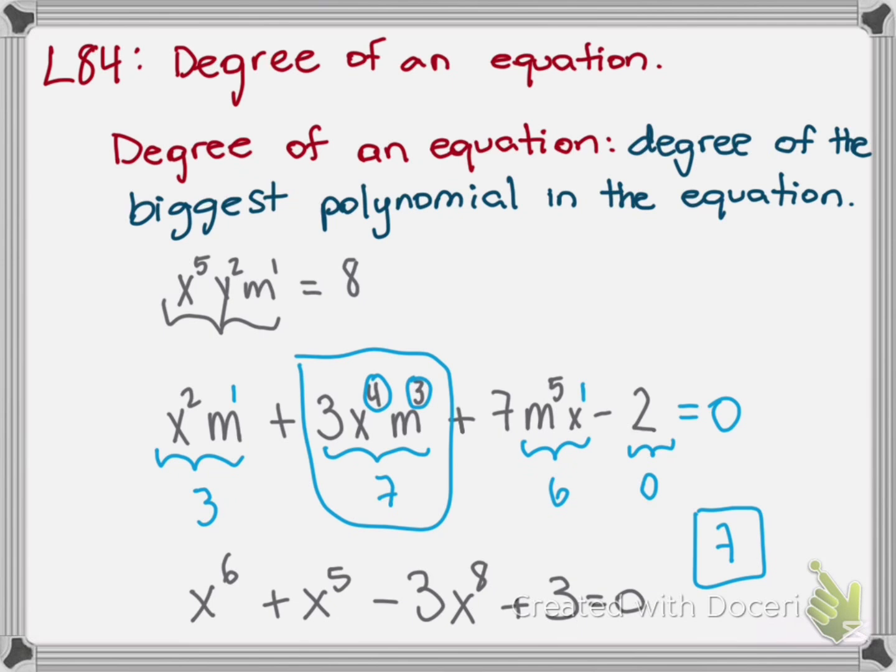In this case, this equation is an 8th degree equation. Why? Because the one that has the biggest exponent is x to the 8th power. So that is the leading exponent, and that would be the exponent of the whole equation. Okay? Very, very simple. Again, just look for the degree of each of the terms and then choose the one that has the biggest one.